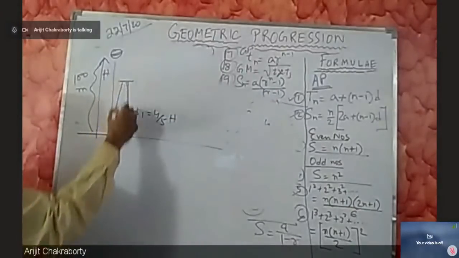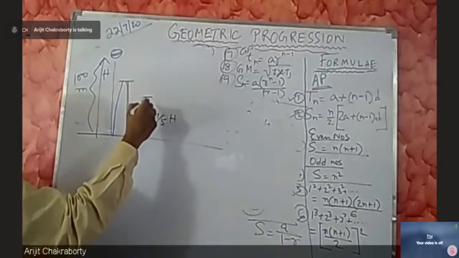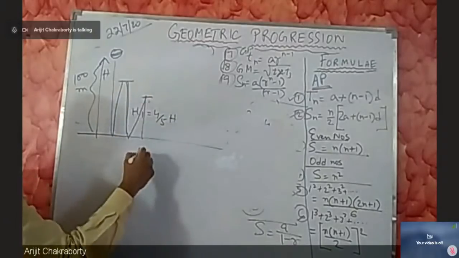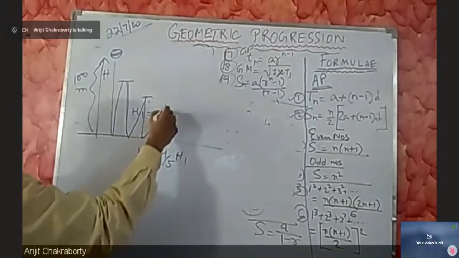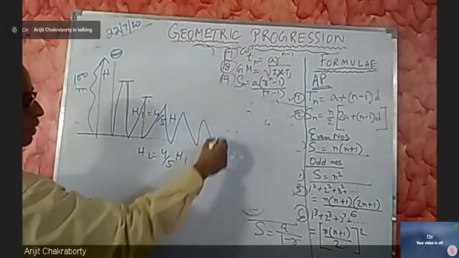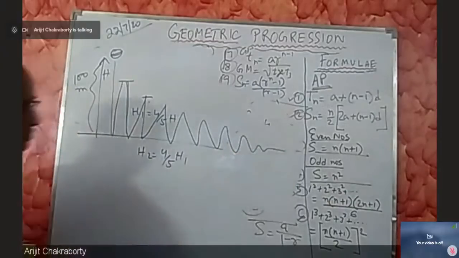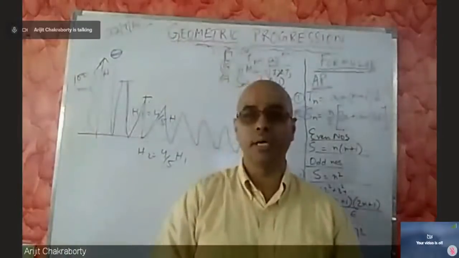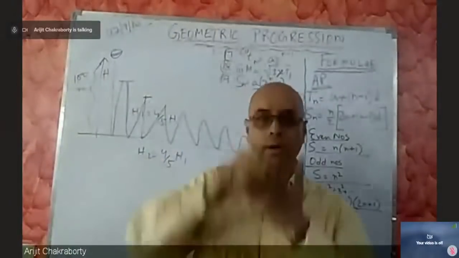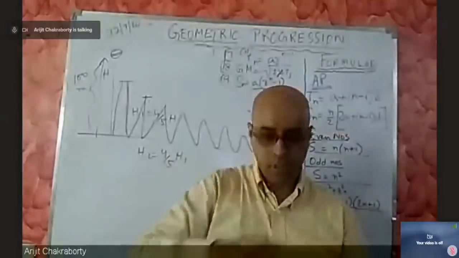Again the ball drops, goes up to 4/5. h2 will be 4/5 of h1. Again drops, so in this way it will go up and down, and it will ultimately end somewhere. The ball will bounce to 4/5 of the height.